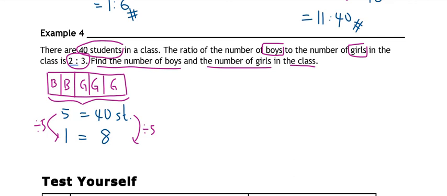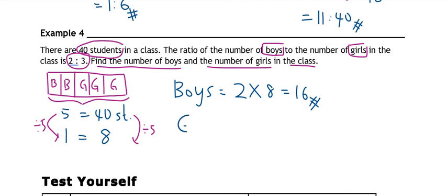Now, let's find the number of boys. Since you have two parts representing the boys, how many parts are there in the ratio? 2. And then you multiply it by 8, because one part in this bar model represents 8. So you get 16. So that's for the boys. And for the girls, using the bar model diagram here, you know that one part is 8.